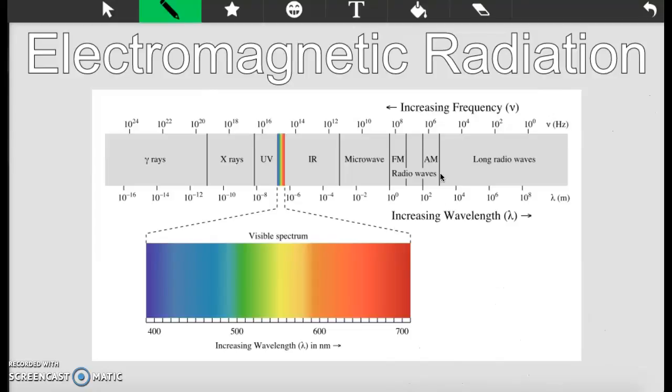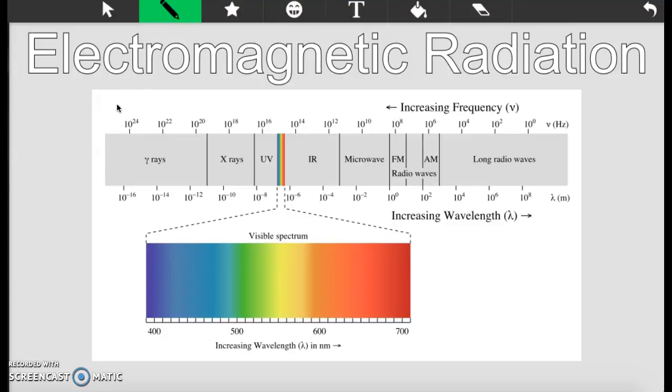Now, if you notice, increasing frequency points to the left, and increasing wavelength points to the right. That's purposeful. As frequency increases, going to the left, the wavelength has to go down.